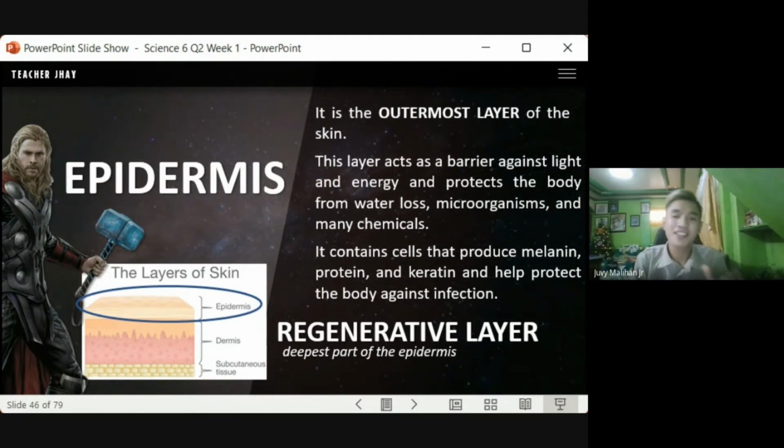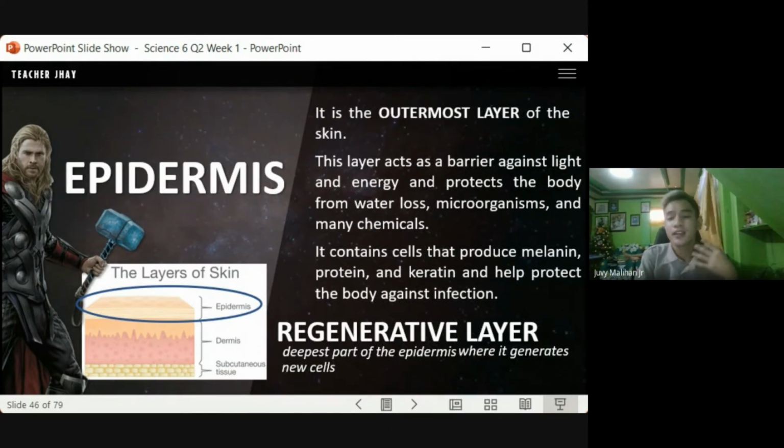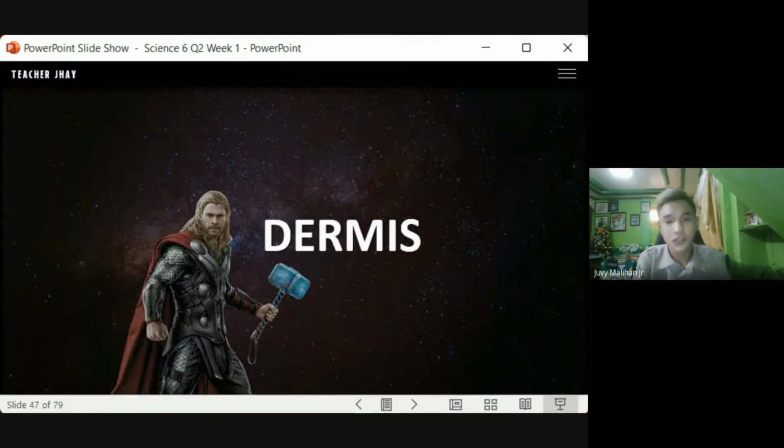So that is the first layer of the skin, the epidermis. Again, it is the outermost layer of the skin, and it protects the body from the environment like the infectious organisms and, of course, the harmful ultraviolet rays from the sun. And we go to the second layer of the skin, that is the dermis.